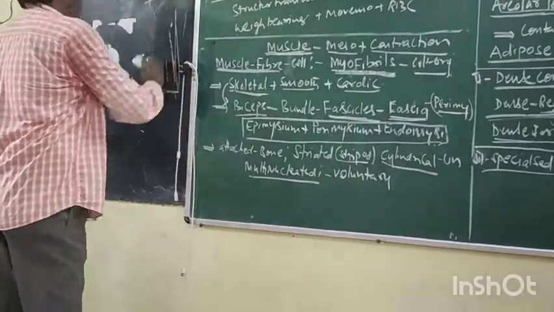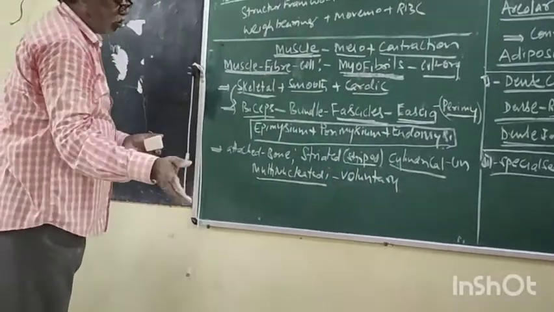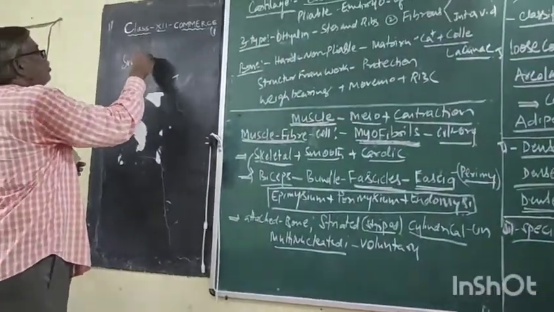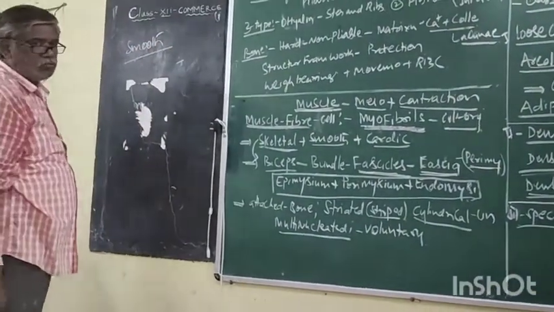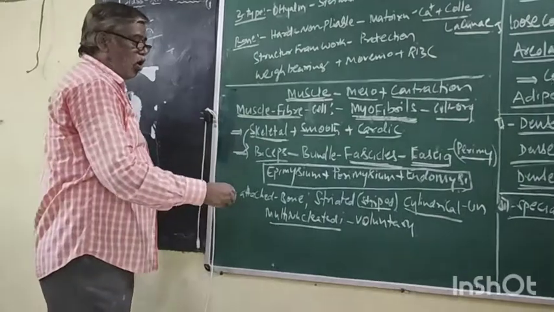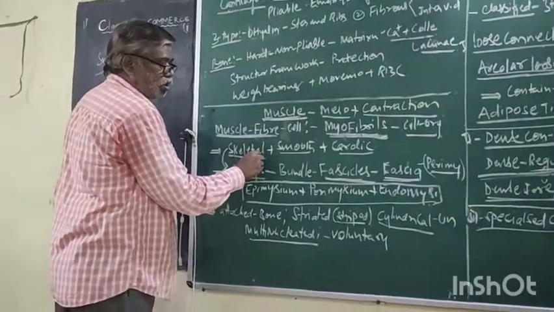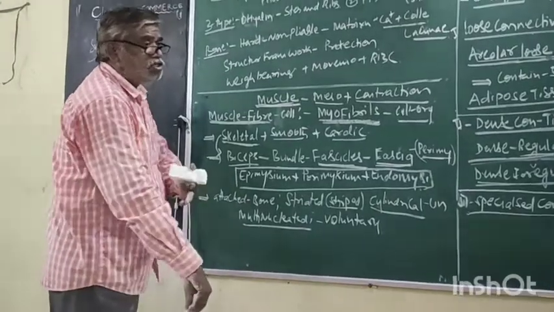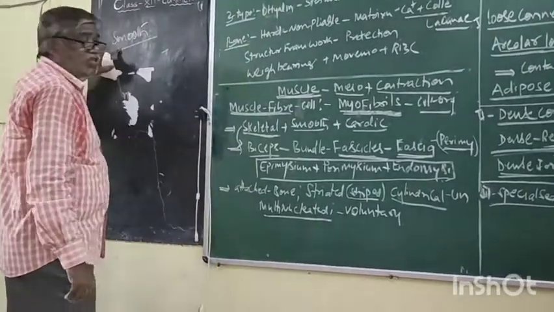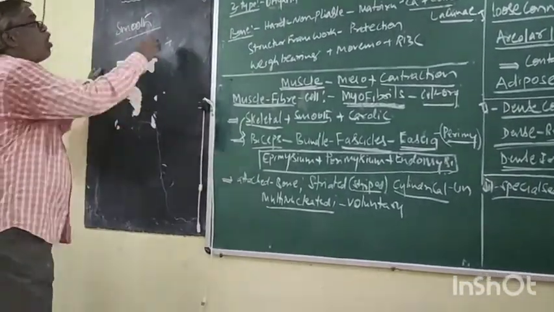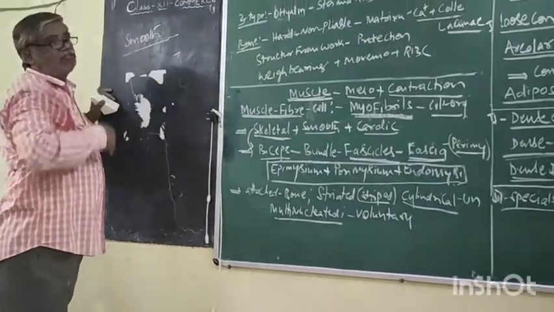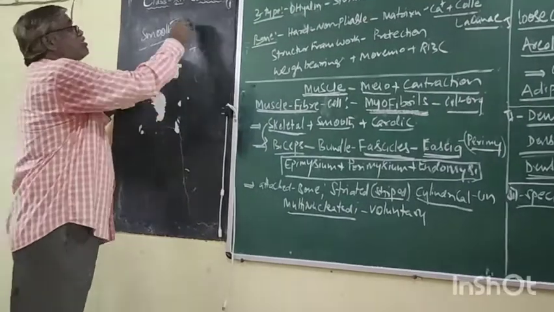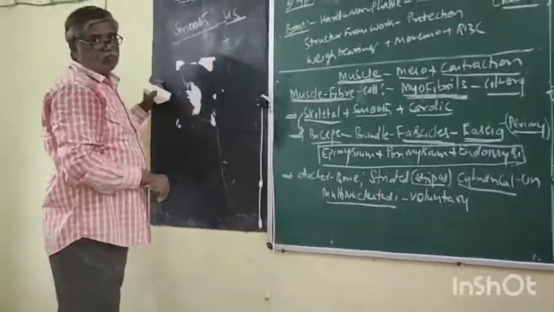Now come to the smooth muscles. Why is it called visceral? The smooth muscle is present in the walls of viscera, internal organs. Hence it is called visceral muscle.